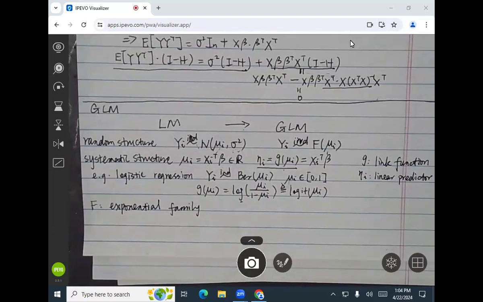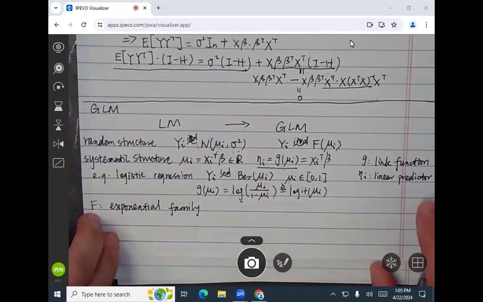The distributions we are familiar with, like Gaussian, Poisson, Bernoulli, binomial, and also exponential and gamma distributions, they all belong to the exponential family. So this is a generalization. If we can derive something about the exponential family, then it will be directly applicable to all these specific distributions.